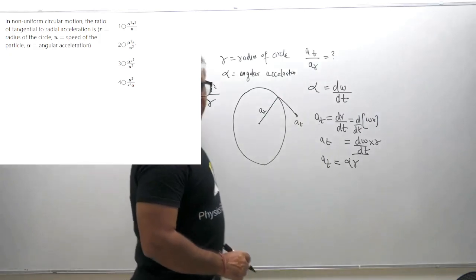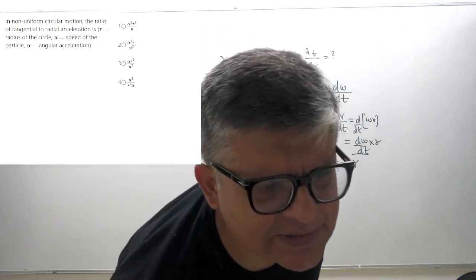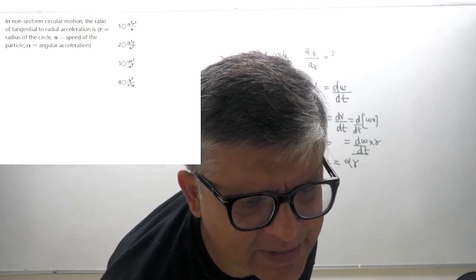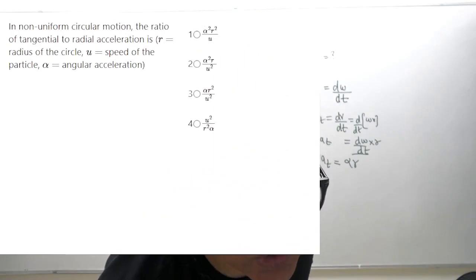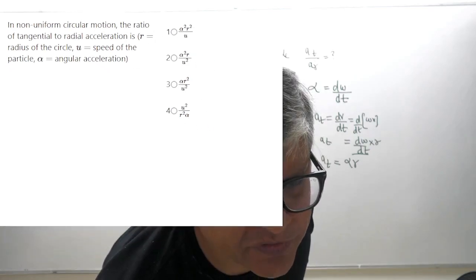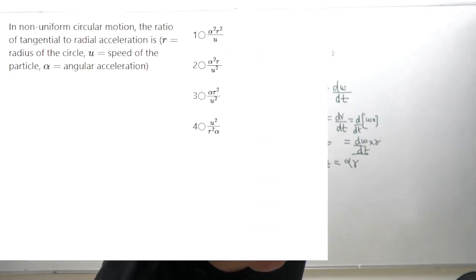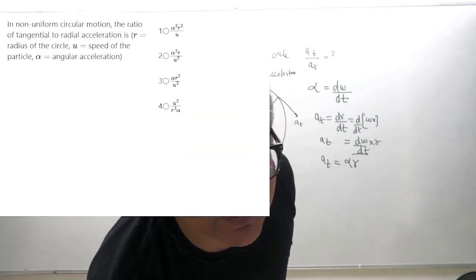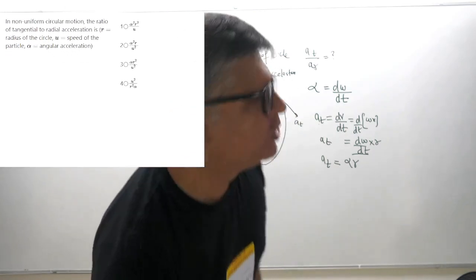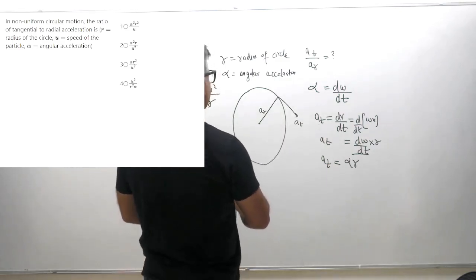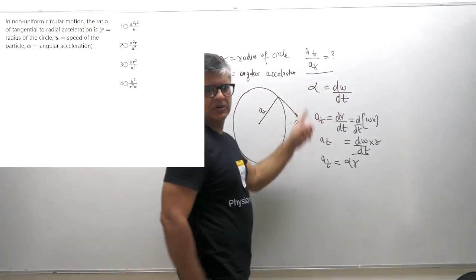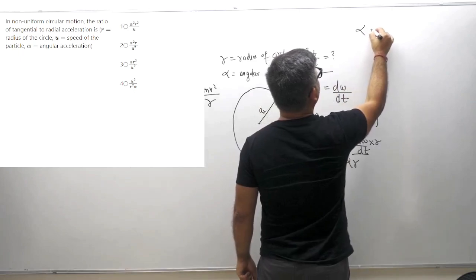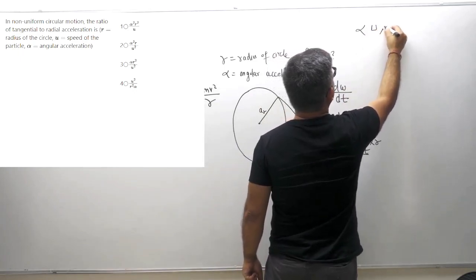And if you notice the answers, do they have r in them? I think so. The radius is the known quantity, u is the known quantity, and alpha is also a known quantity. We have to find the answer in terms of alpha, u, and r.